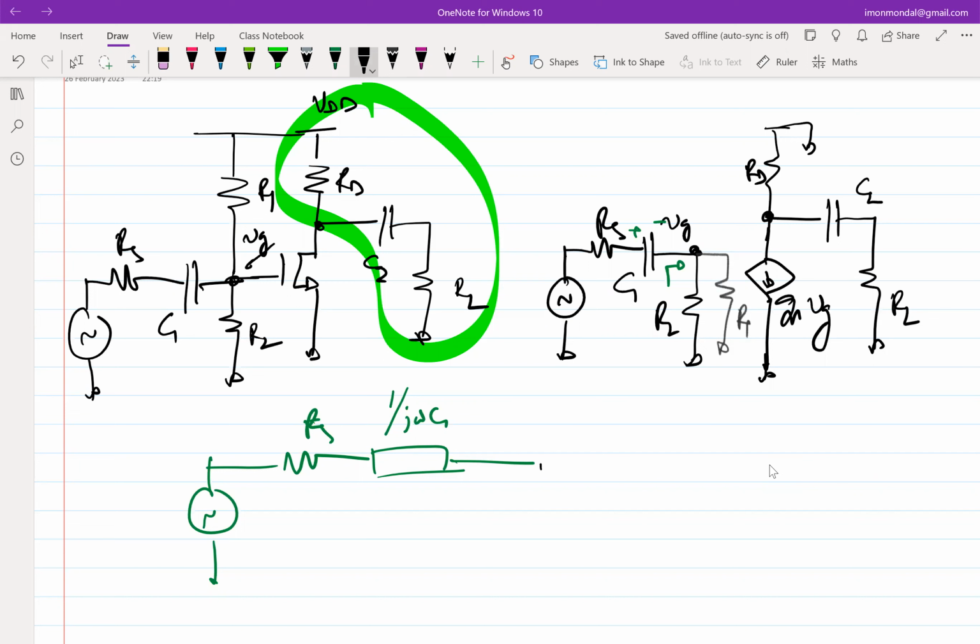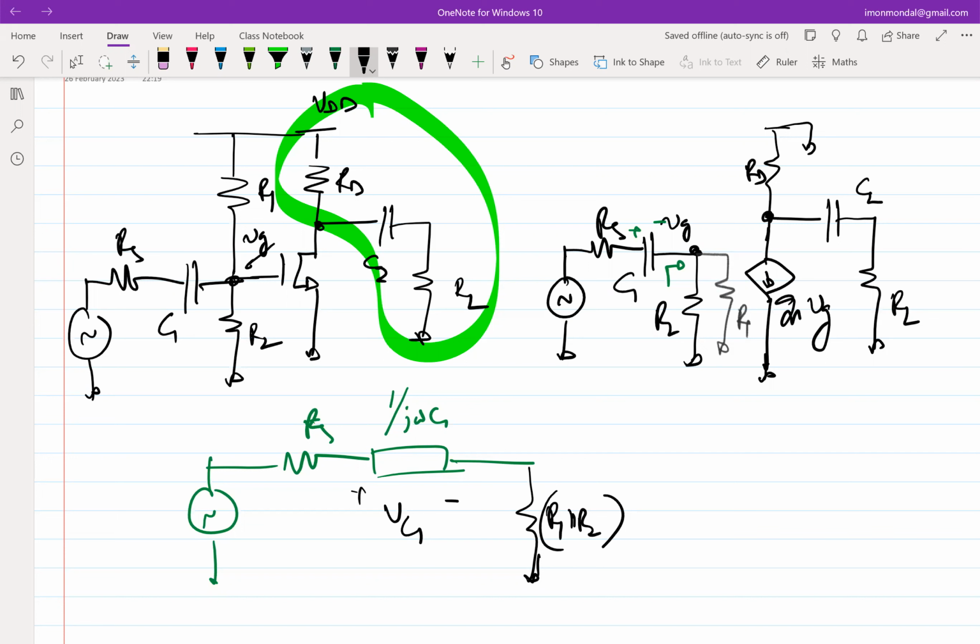So in this case, you have R1 parallel R2. When I said that this capacitor has to be short circuited, essentially what I'm saying is that VC1, the voltage drop across C1, has to be much lesser than the drop anywhere in the loop. In terms of impedances, the impedance of the capacitor has to be much lesser than the impedance that it sees across it, which is RS plus R1 parallel R2.